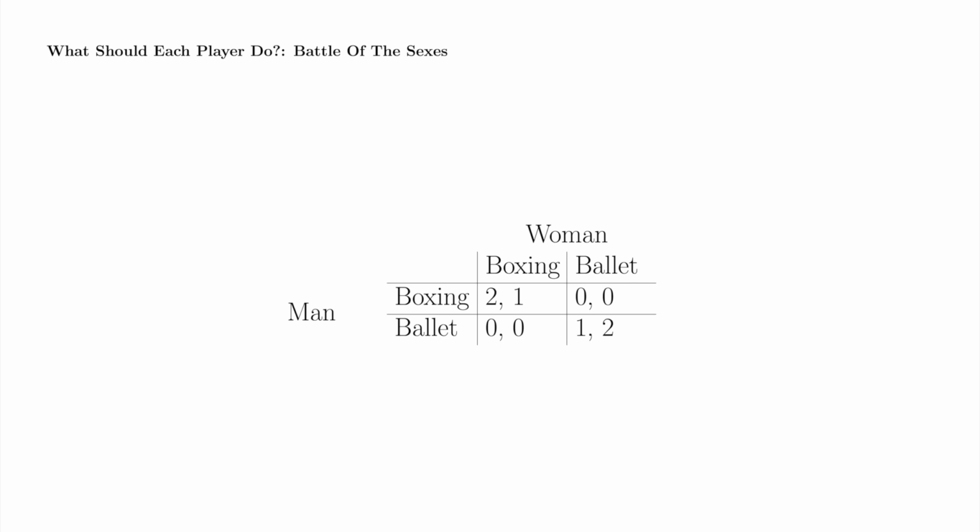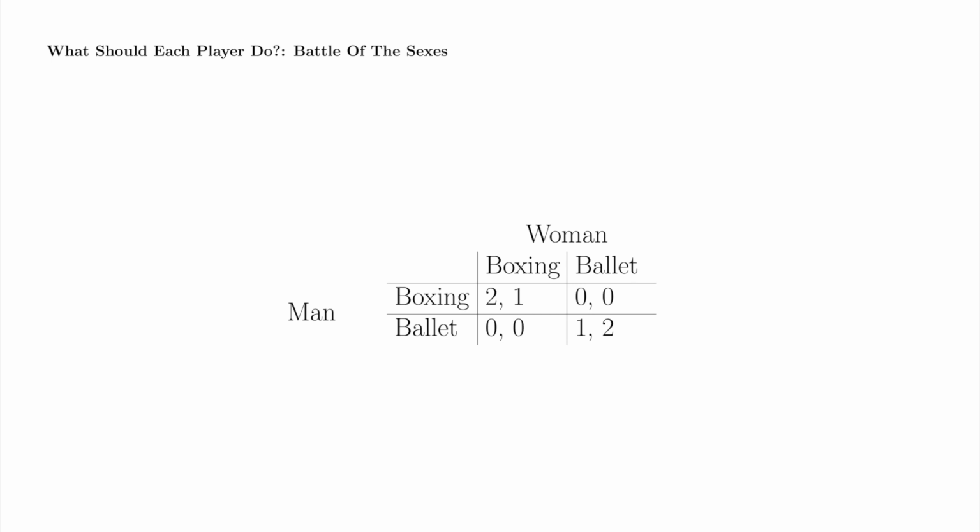After work, this not being just a less egalitarian time, but also a time with no cell phones, each simultaneously and independently decides to go to the boxing match or the ballet. If they each go to the same place, the player at his or her non-preferred activity gets 1, while the player at her or his preferred activity gets 2. If they go to different places, they each get 0 because they are sad that they are not together.